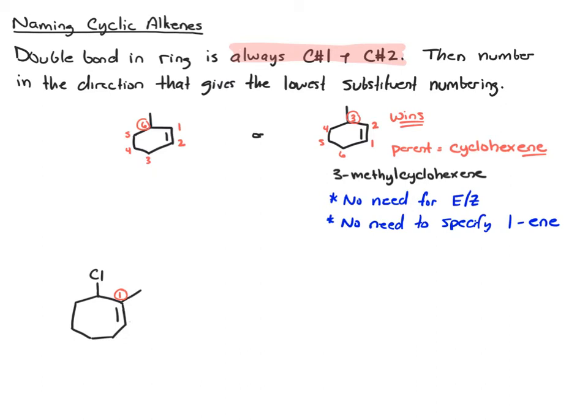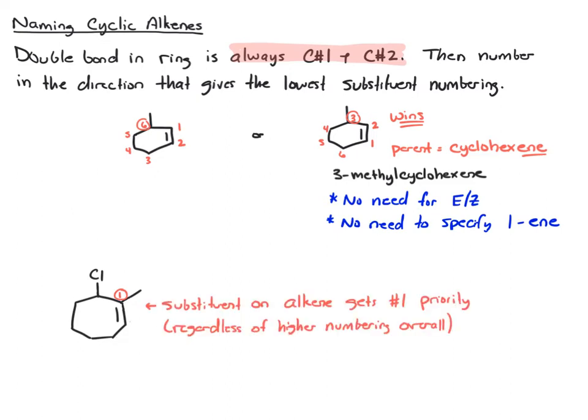If there's a substituent on the double bond, that immediately gets the number 1 designation. And from there, we'll continue around our ring. So the other carbon of the double bond is 2. And we end up with the chlorine at 7. So that's the correct numbering for this.